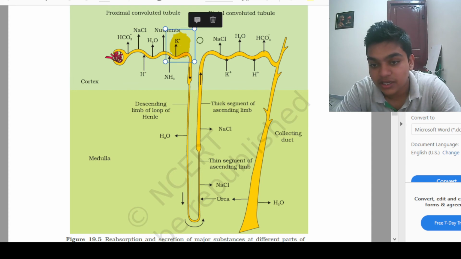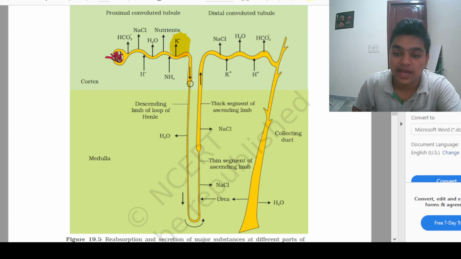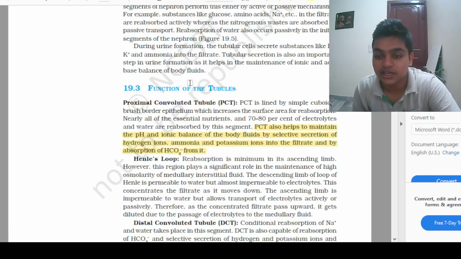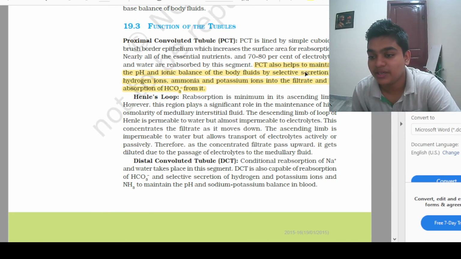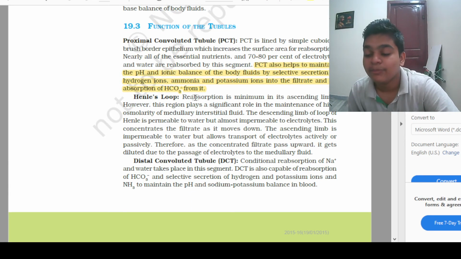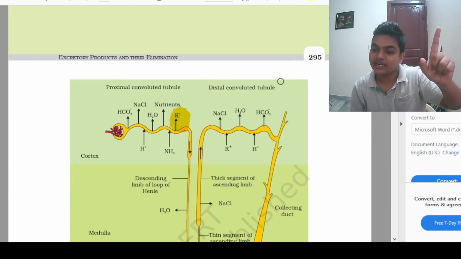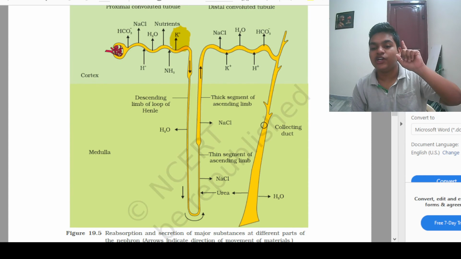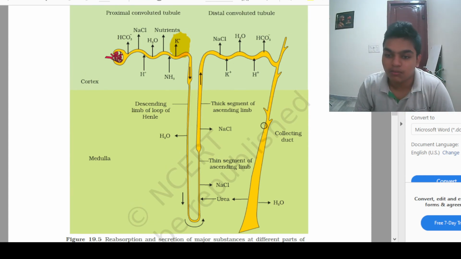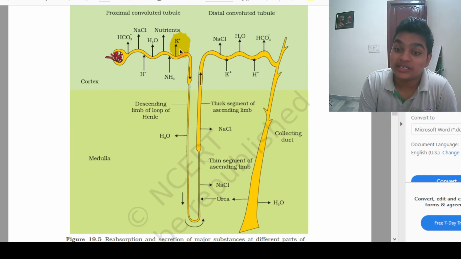But in the lines of NCERT they say K plus is being selectively secreted, and this is false. K plus is not selectively secreted, but it is selectively reabsorbed into the body in the PCT part.